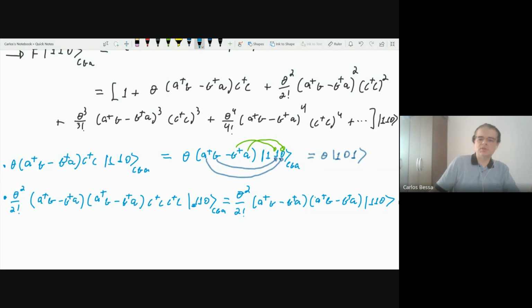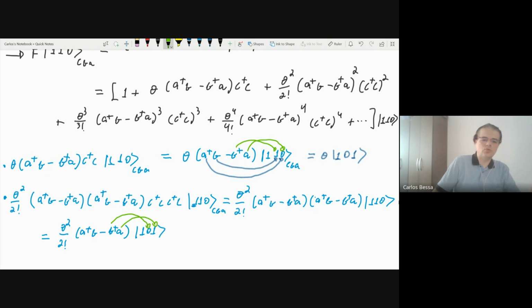And we know how this, when applied once, for this state is the first result here. So we just use this, and we'll find that it is theta square, A dagger B minus B dagger A. And this applied to this is the result here in the top. It is just 1, 0, 1. And now we apply this. So A applied to this guy and B dagger applied to this guy. Now the negative will not be 0 anymore, right?